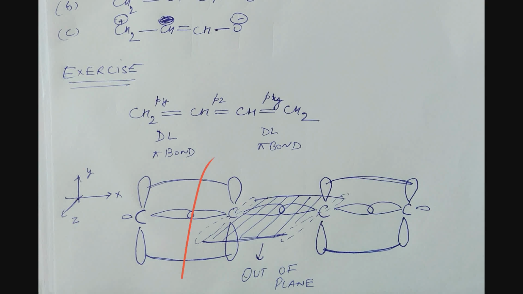Therefore, the first and the third pi bond will do resonance with each other, whereas this pi bond, which is in the z axis, will not resonate with any of the pi bonds next to it. Therefore there is resonance in only the first and third.